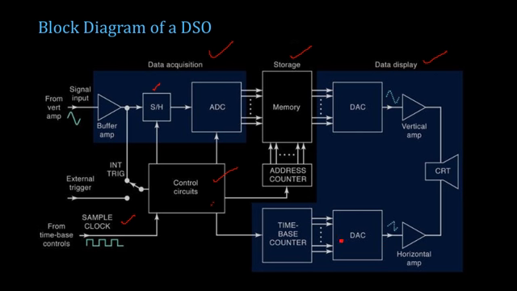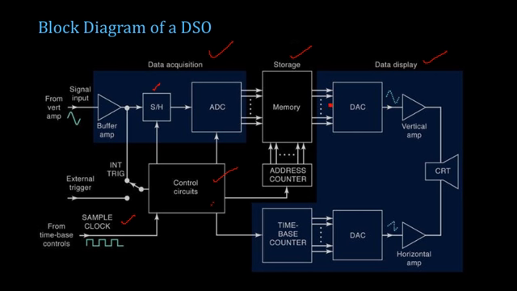You are providing a digital to analog conversion, and you will be getting individual data points. The horizontal deflection system has to coincide with the vertical deflection system, so that is controlled using the control circuit.